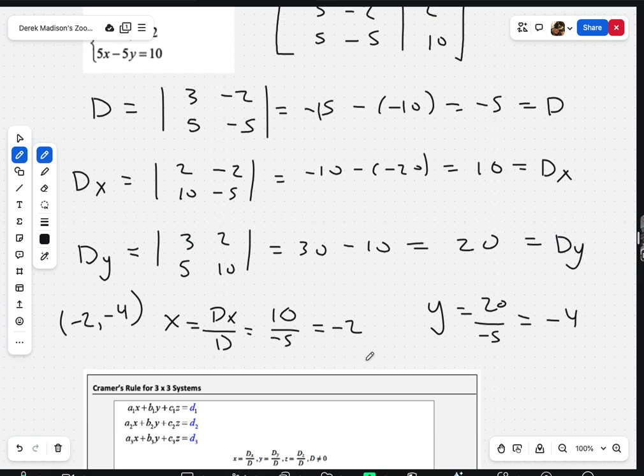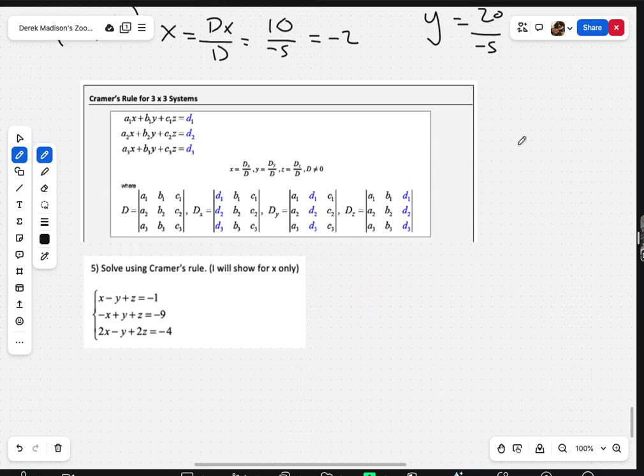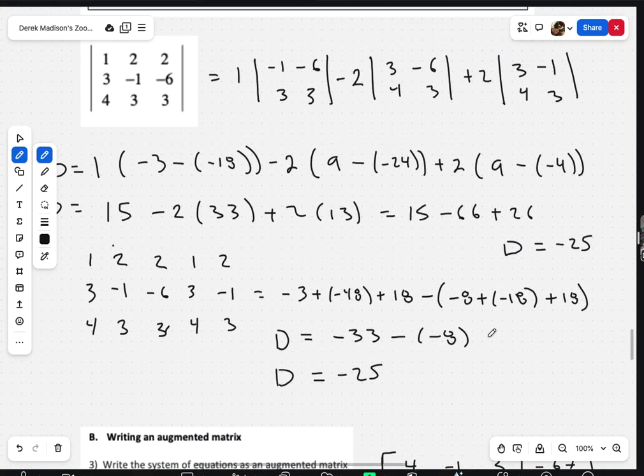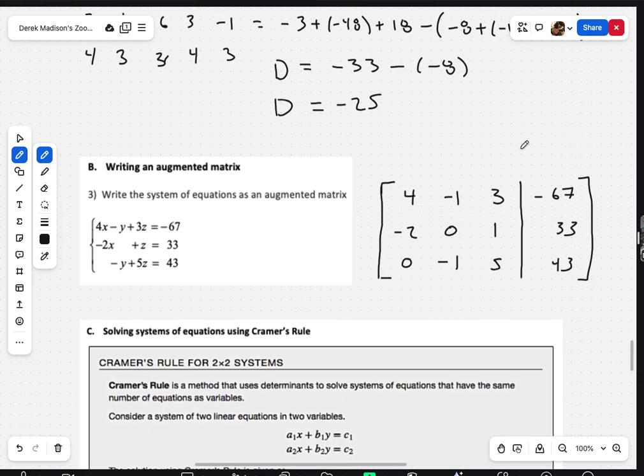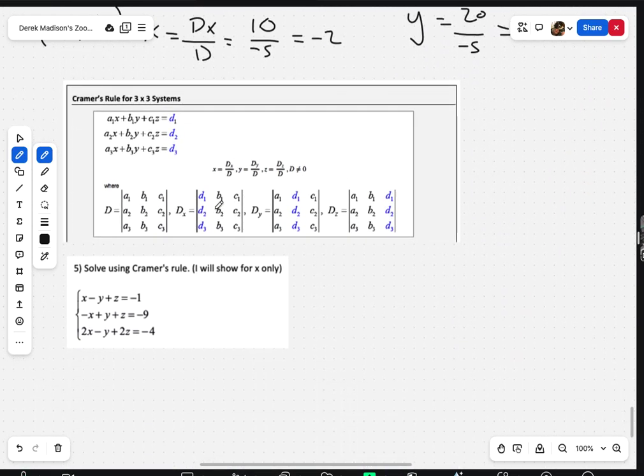Next we have Cramer's rule, but for 3 equations and 3 unknowns. So what that means is we have to calculate these ones that we did back here. This bit we have to do 4 times: 1 for d, 1 for dx, 1 for dy, and dz. And it's the exact same rule. Dx over d still gives you x, and so forth.